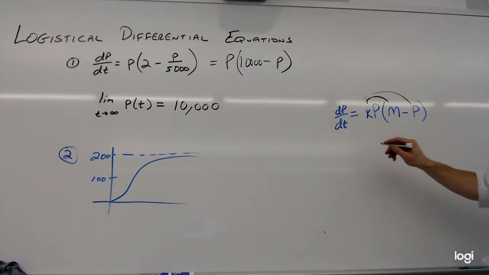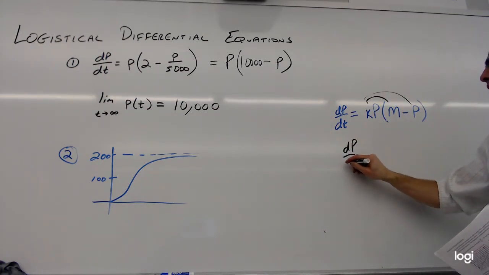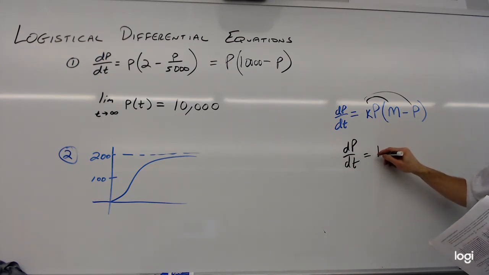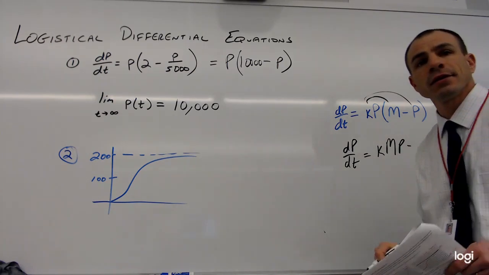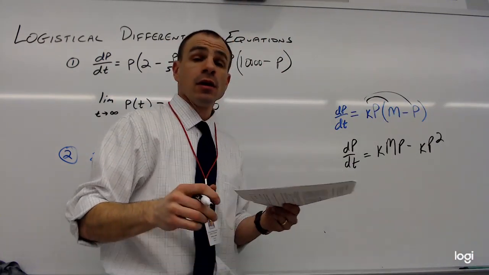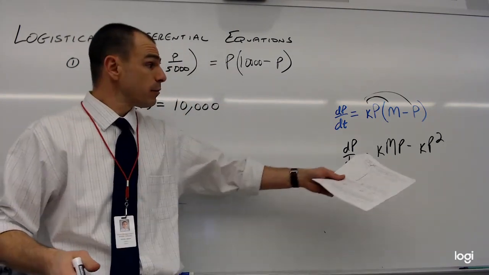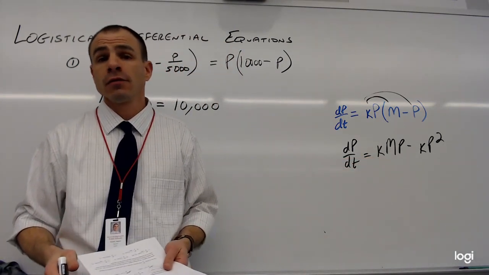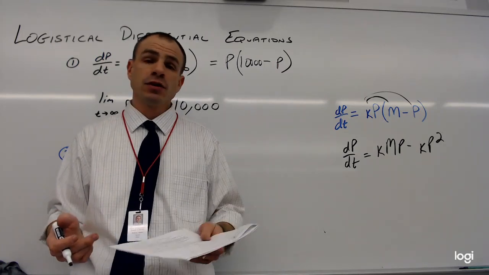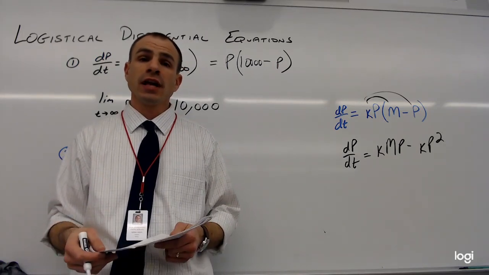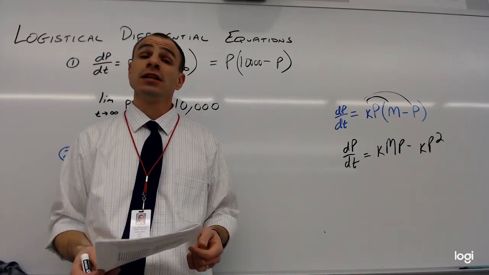When we do so, we can see that dP/dt is equal to k times M times P minus kP squared. Notice how the quadratic term happens to be negative. We have that negative coefficient right there. So we want a differential equation in which the P squared term is negative, which I believe eliminates C, D, and E.